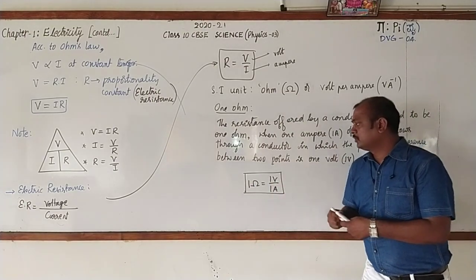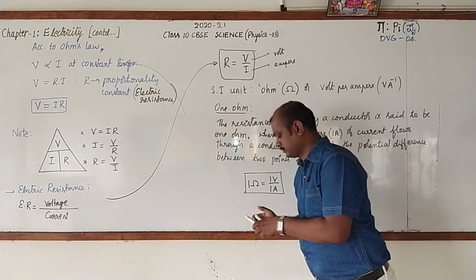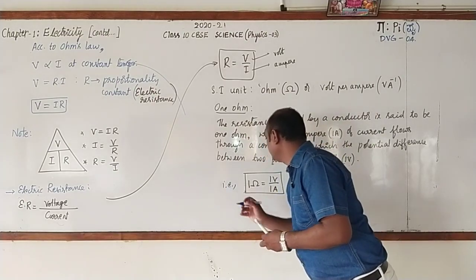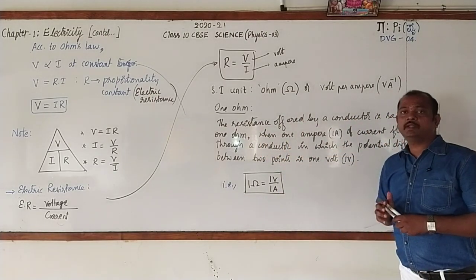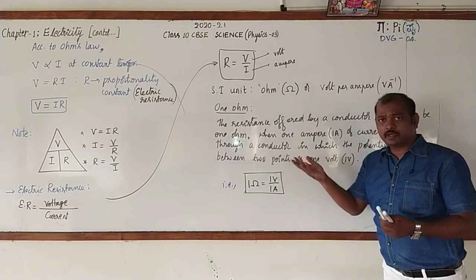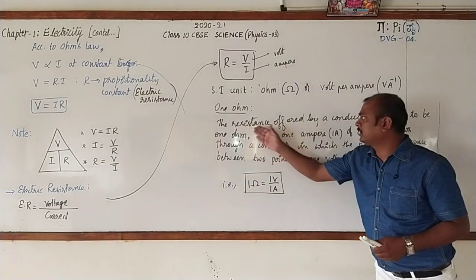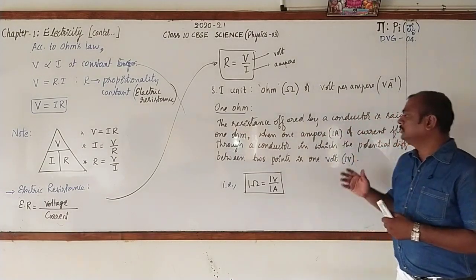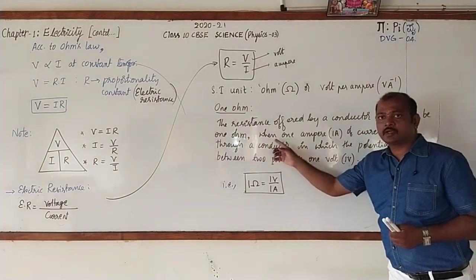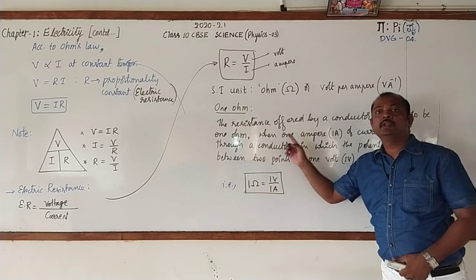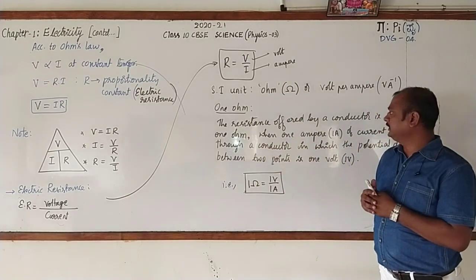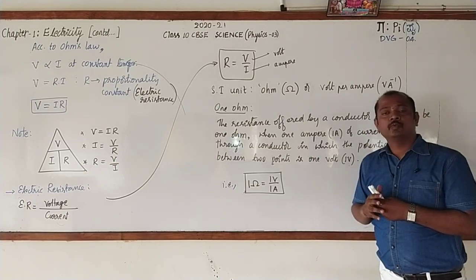So that is 1 ohm equal to 1 volt by 1 amp. This can also be written another way: the resistance offered by a conductor is said to be 1 ohm if 1 ampere of electric current flows through a conductor in which the potential difference between its ends is 1 volt.